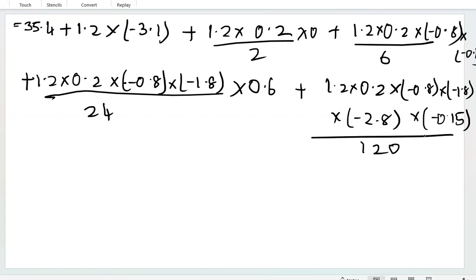Now you have to multiply the numerators, divide and add to get the answer. That working is left for you all.